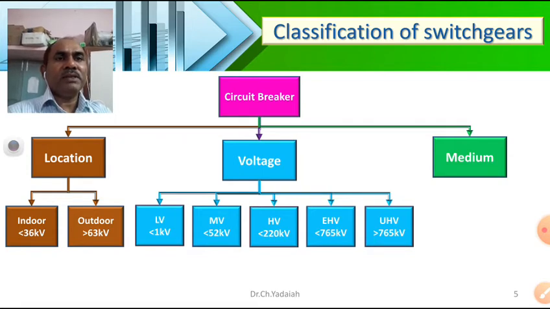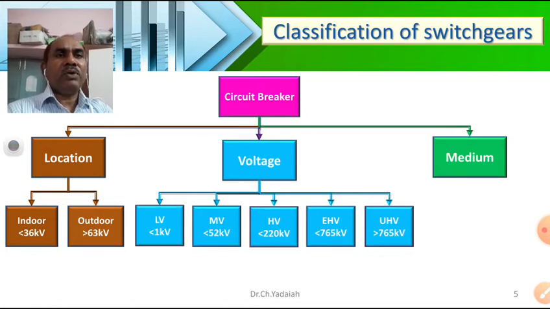For high voltages, greater than 52 kV up to 220 kV, for example in a 132 kV or 66 kV substation, we use what are known as high voltage breakers.